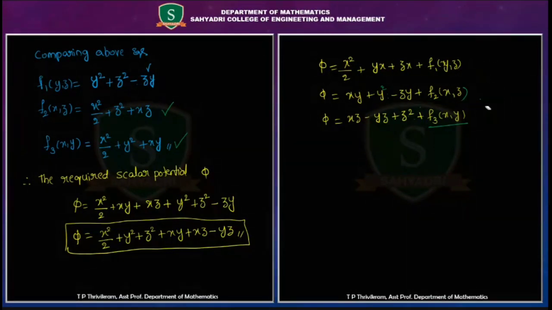Sir, the final answer. The final answer means, suppose you are taking this equation, any one equation you take, you'll get the same answer. Okay. So I have written this equation only, but I have substituted f1 value here. Clear? So first three terms, if you observe, what is this?